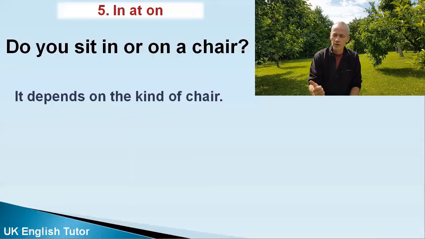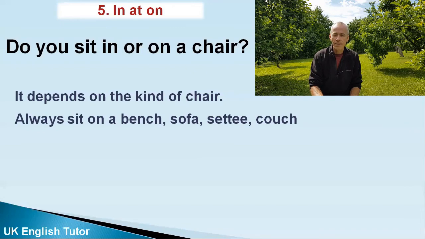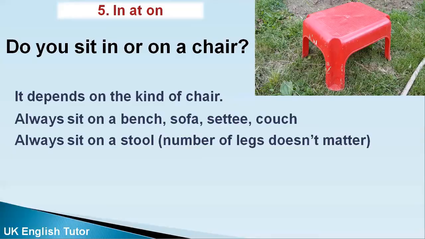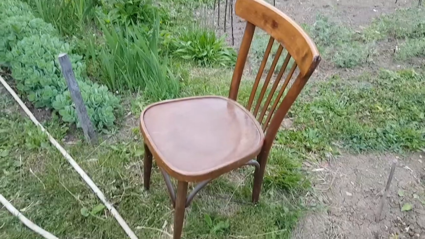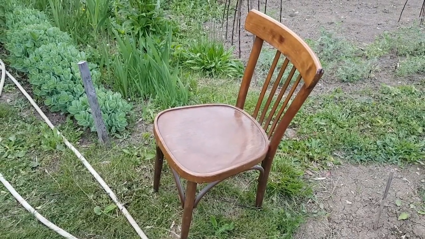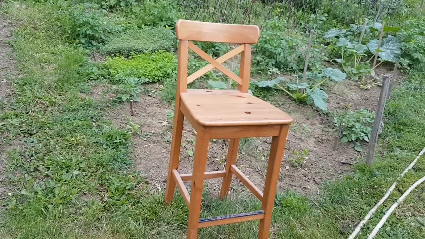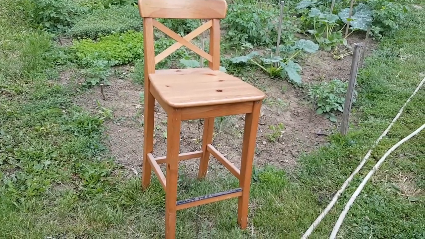If it's a sofa, also called a couch or a settee, you sit on it. If it's a stool with 3 legs, 4 legs, you sit on it. And these simple chairs with no arms, you sit on that kind of chair.